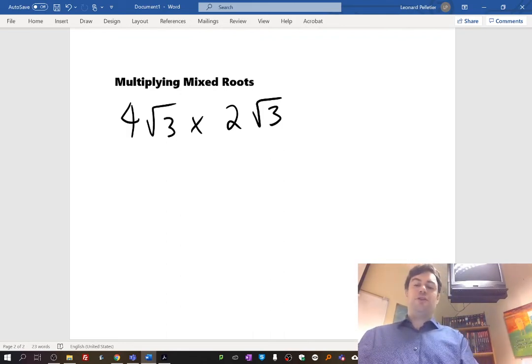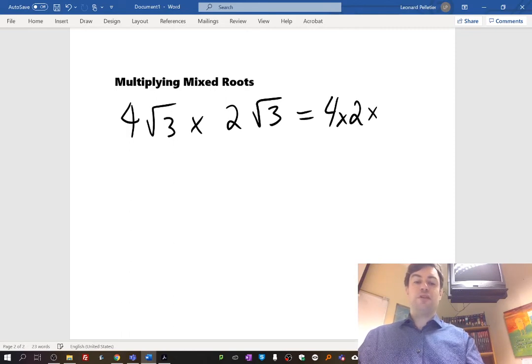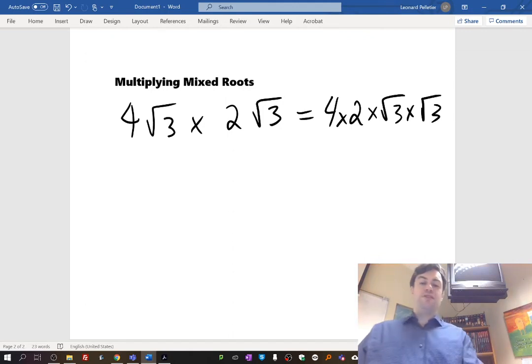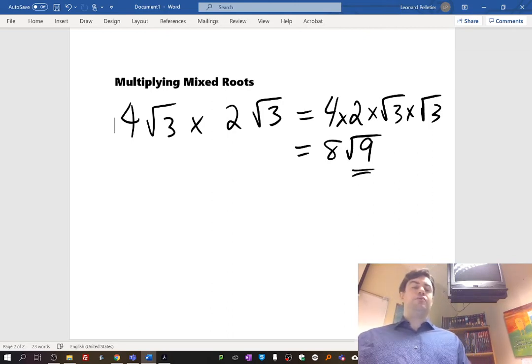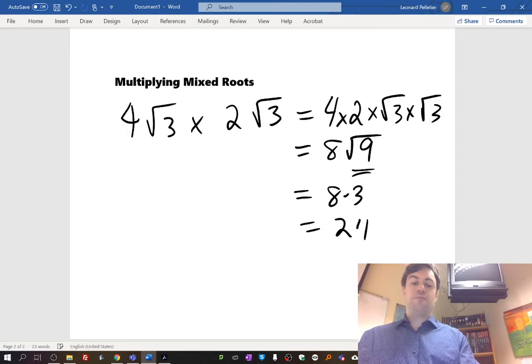So you can just reorder this. It's just multiplication all the way across. So I can make this 4 times 2 times square root 3 times square root 3. That works out to be 8 square root 9. And if this portion you can do something more with, then do it. Square root of 9 is just 3, so this becomes 8 times 3, which is 24.